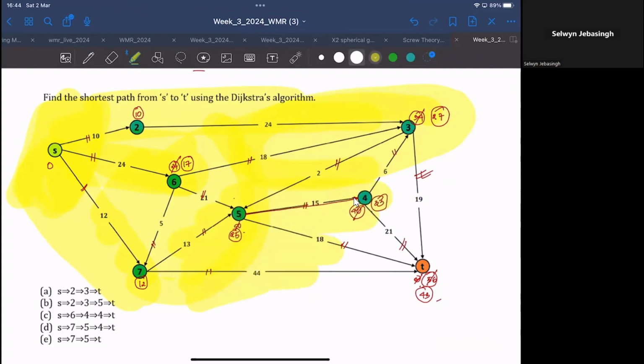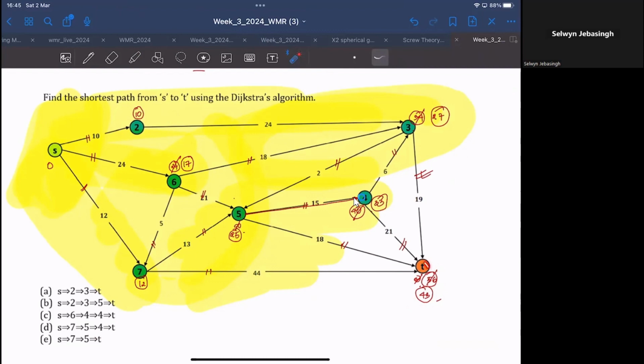Now what you have to do is backtrack. You have to backtrack from the goal position T along the path that gives you 43 as the total cost. Which of these paths will give you the cost as 43? I think this was the correct answer.